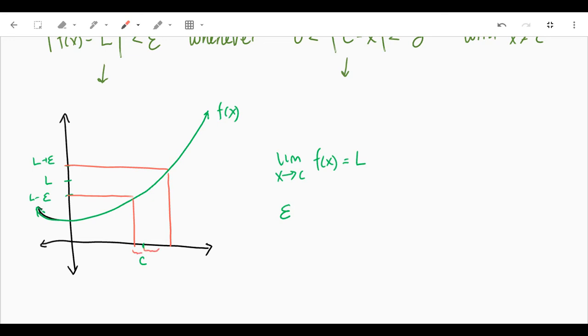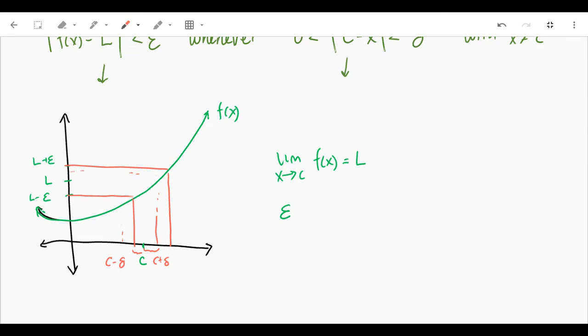But as long as we are within delta of c, between c minus delta and c plus delta, we will capture that L within the tolerance that we want. And in fact, on this side, we get it a little bit closer, right? And again, we can't go with the bigger one, because if we go to the left with that bigger delta, we wouldn't be within our tolerance on the left-hand side. We'd be out of that window that we want.